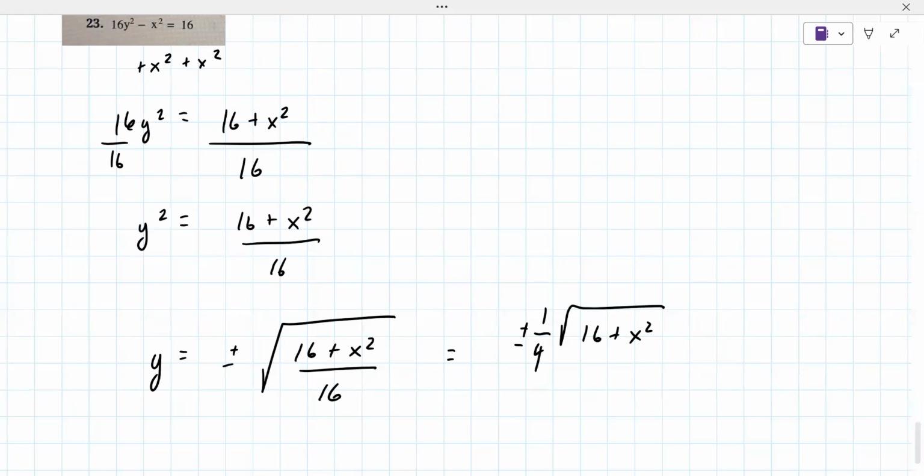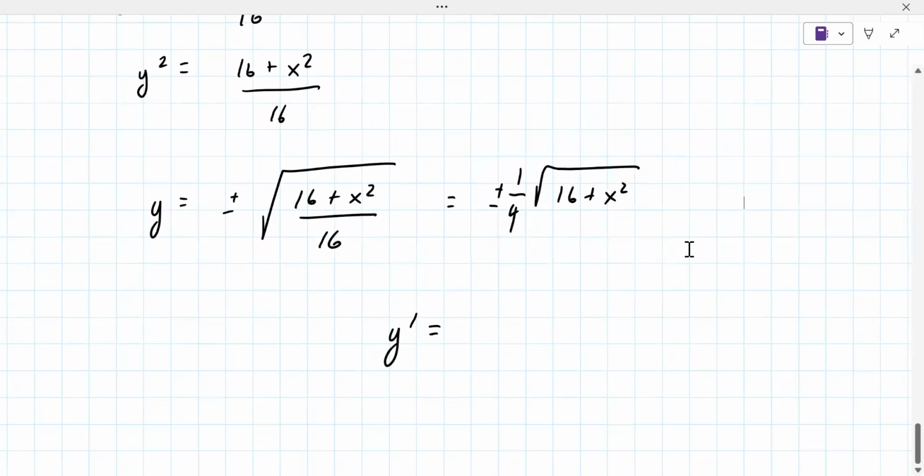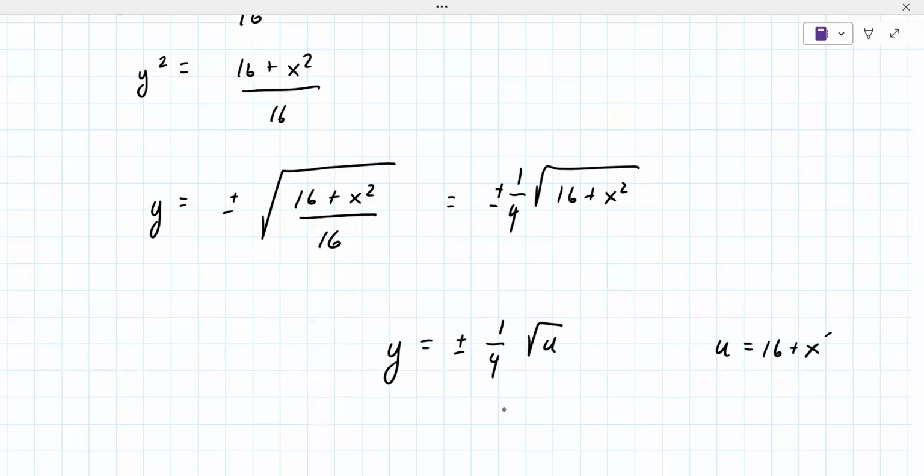So now they want you to differentiate the explicit function. So your derivative, you just write y prime or dy/dx like we've always done. And then this is kind of a u substitution, or I'm sorry, a chain rule derivative. So let me rewrite it first. y equals plus or minus 1/4 square root of u, and u is 16 plus x squared, like that.